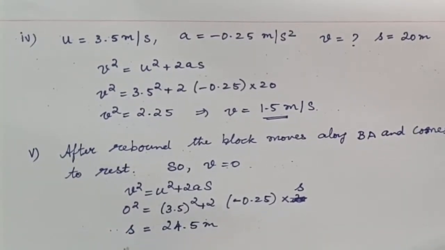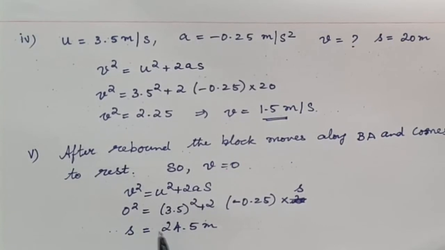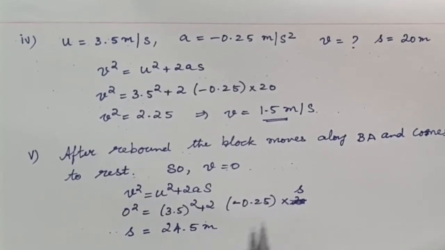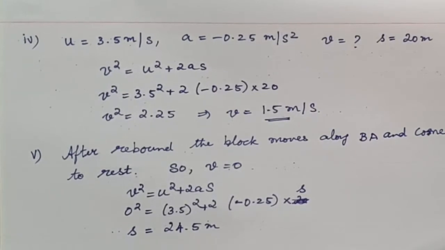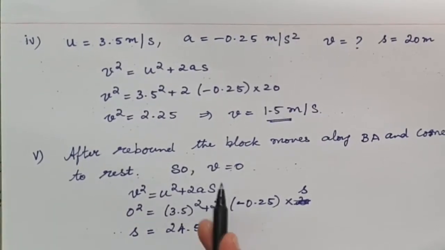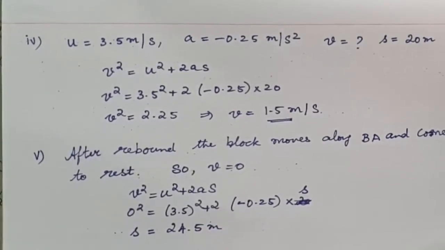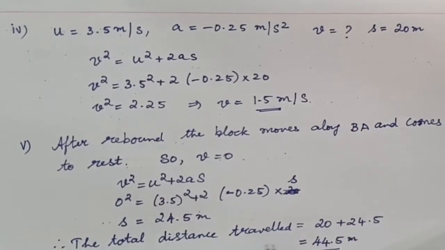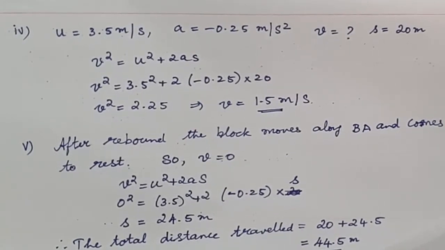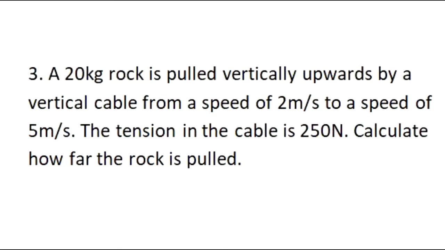When we simplify, we get the value for s as 24.5 meters. The total distance traveled: already it has traveled 20 and now 24.5, so we add the two. The total distance traveled equals 20 plus 24.5, that is equal to 44.5 meters.